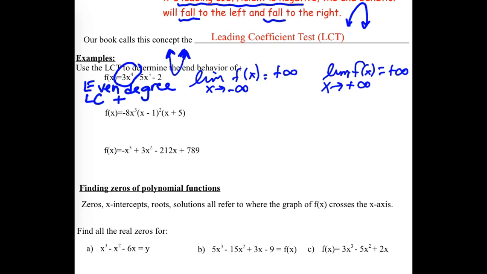For the next one, it is in factored form, so we really have to kind of think about what this would look like if we multiplied all these pieces together. We don't actually have to do the whole thing, we just have to look at each term and say, what would that highest power be? So I have a negative 8x cubed here. If I were to FOIL this out, x minus 1 squared, I would get an x squared as my highest power term.